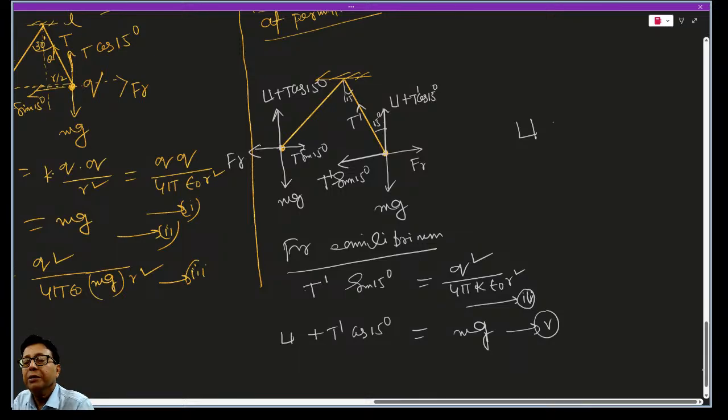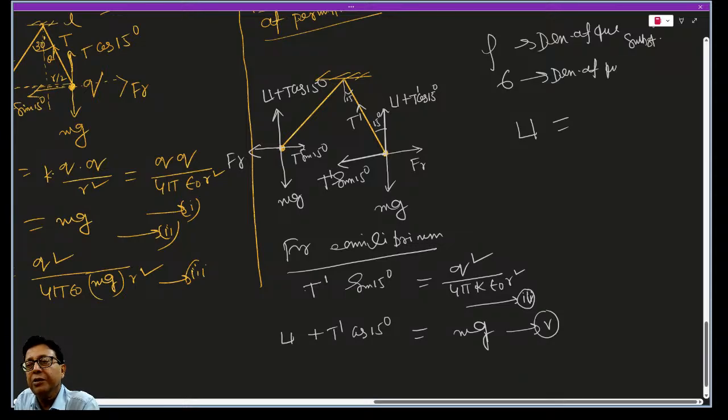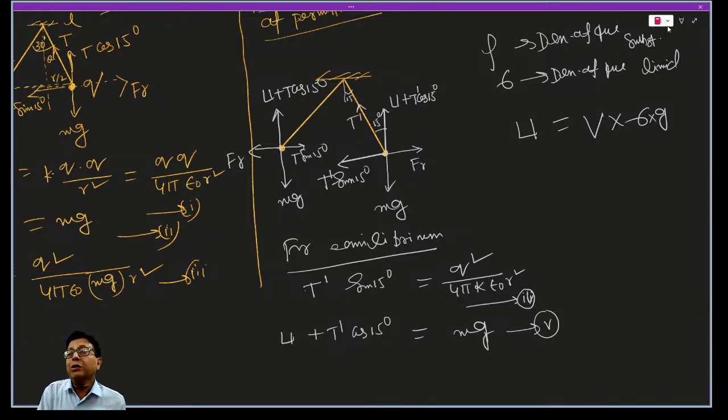U is what? I remind you, rho be the density of the substance. Sigma be the density of the liquid. Then U will be what? V into sigma into G. I hope you have not forgotten this. Remember, buoyant force depends on the volume submerged, because the whole thing is submerged in a liquid, isn't it?